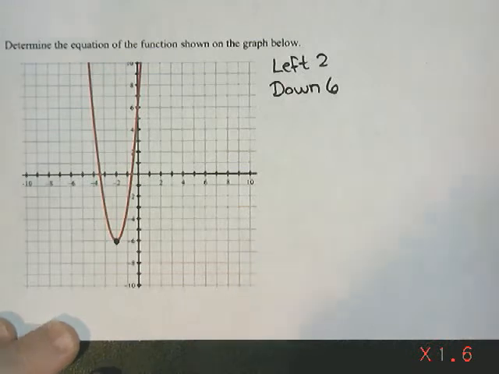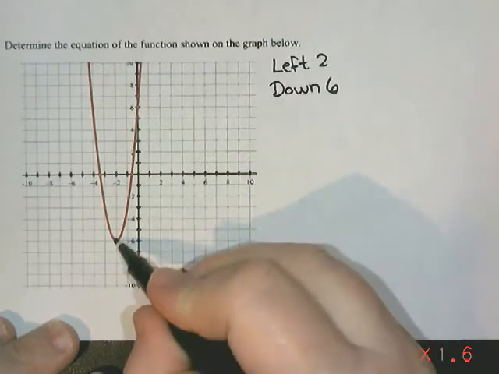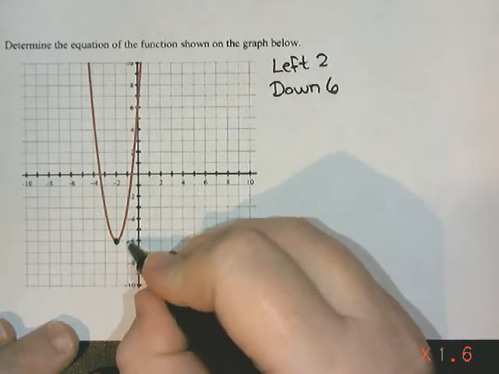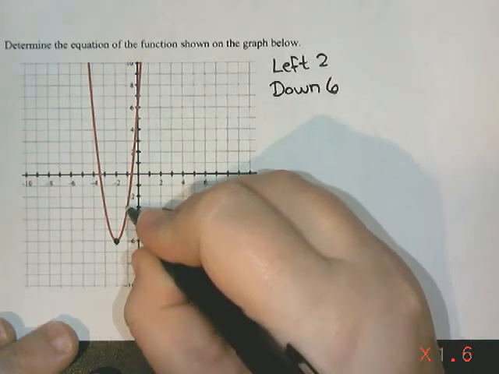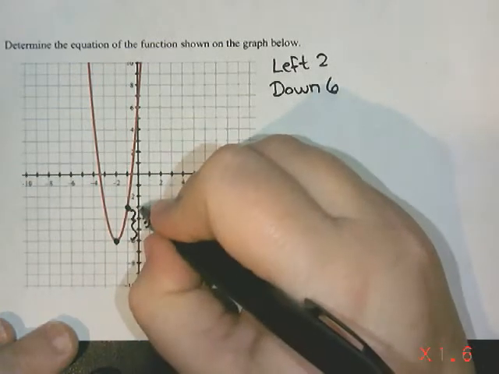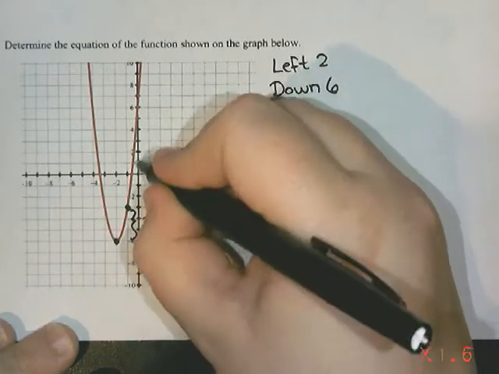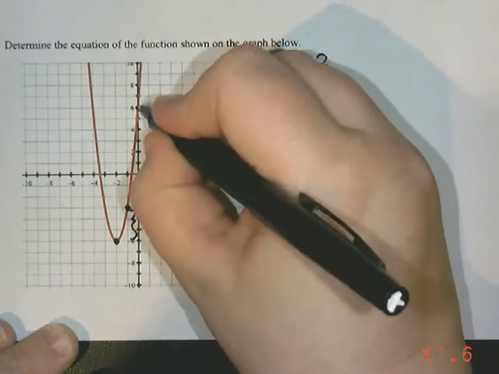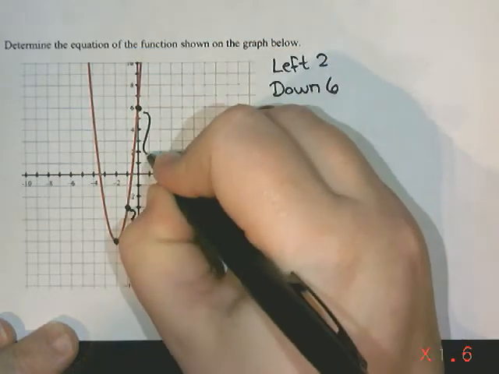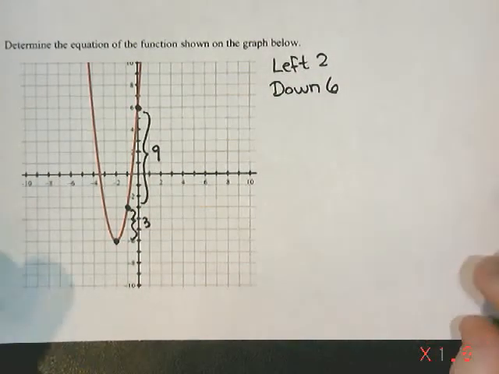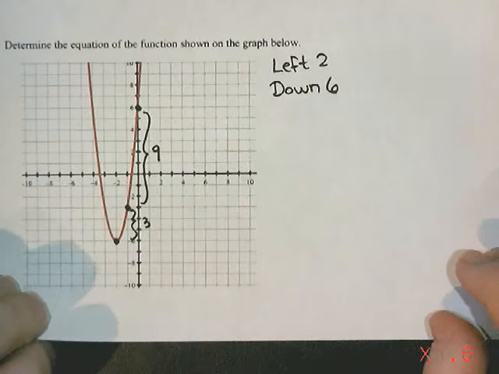And then I'm going to try to count out the step pattern every time we go over 1 and then up or down. So we definitely went over 1, and it looks like we went up 3, and then over 1, and 1, 2, 3, 4, 5, 6, 7, 8. Could be 8 or 9. I'm thinking because of the 3, it's probably a 9. And then I can't tell past that because there isn't another point that I can see.